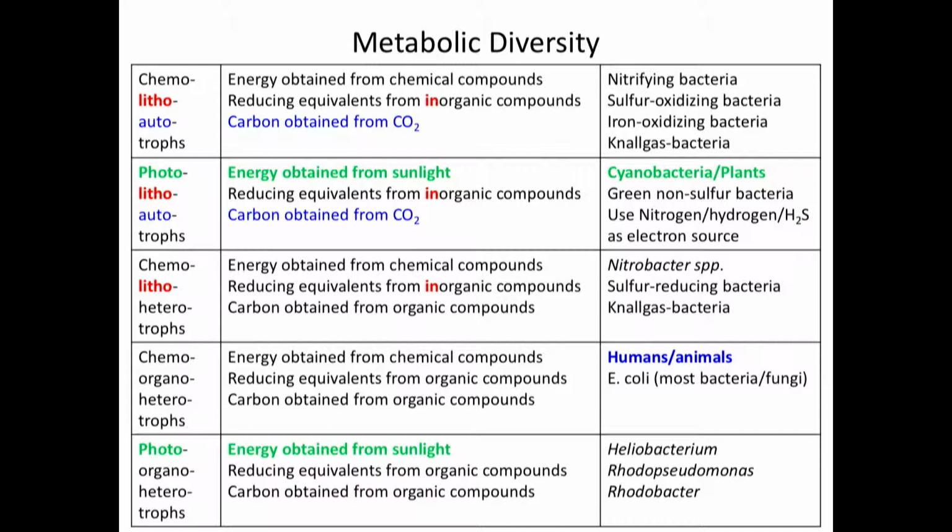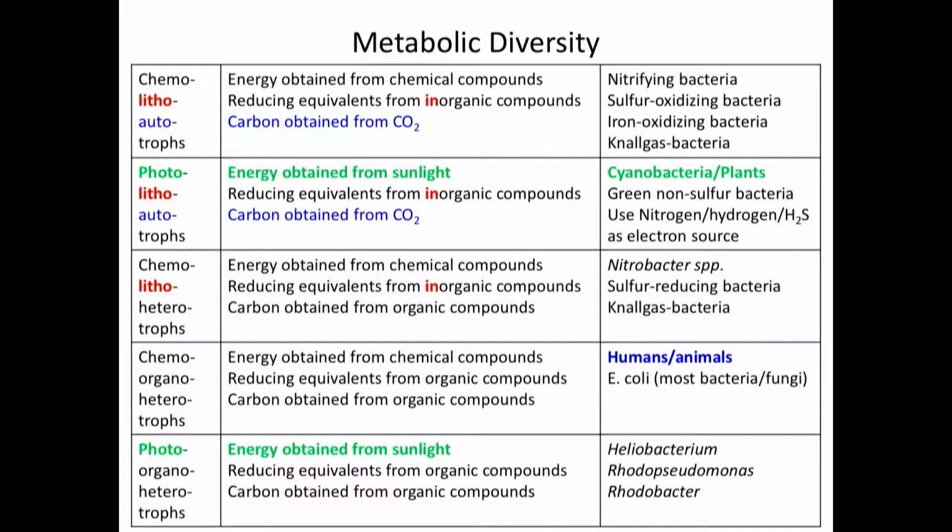And these are shown on the second line down, which is lithoautotrophs. They get their reducing equivalents and carbon sources from the air. We can categorize all the organisms in life into these 3 different types of metabolisms.